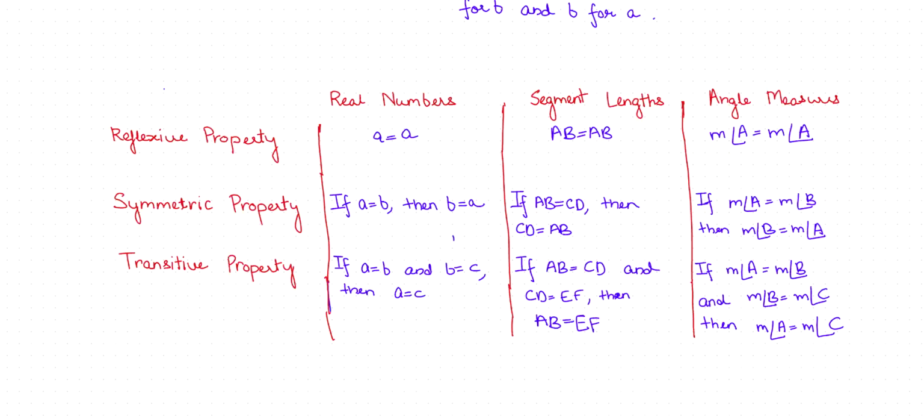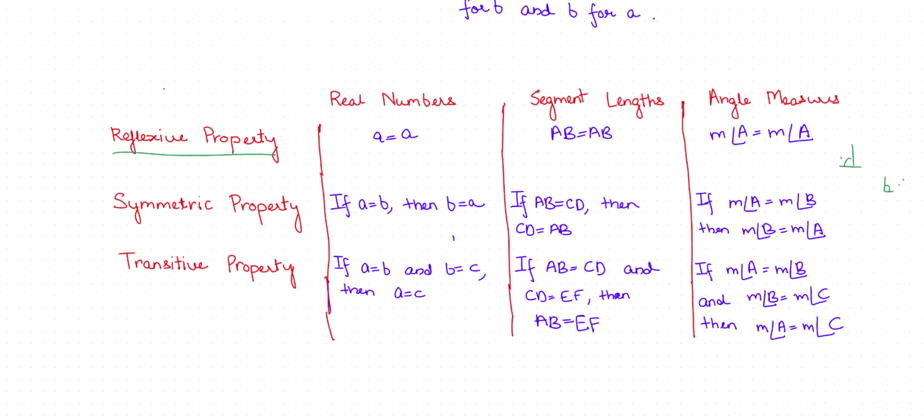Now we have three other properties of equality, like this is a reflexive property. If A is equal to A and AB is equal to AB, and angle measures like angle A is equal to angle A. Like if two places there are angle A given, then we can say this angle A is equal to the other angle A, which is given here.